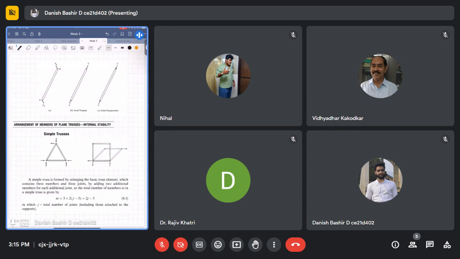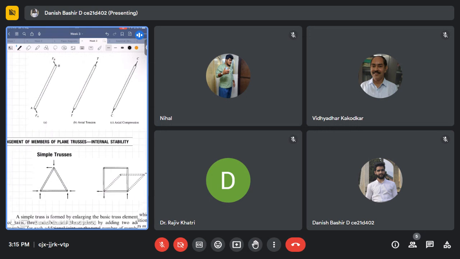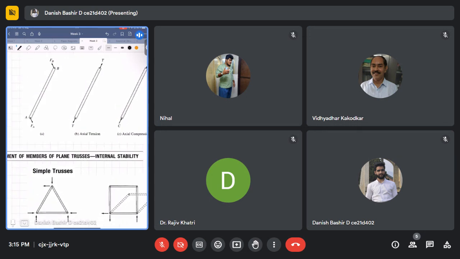Then I want to focus here on what type of forces are getting transferred through a truss member. For example, we have a truss member like this. This is a truss member here. Okay. So, for example, it is acted on by loads FA and FB.